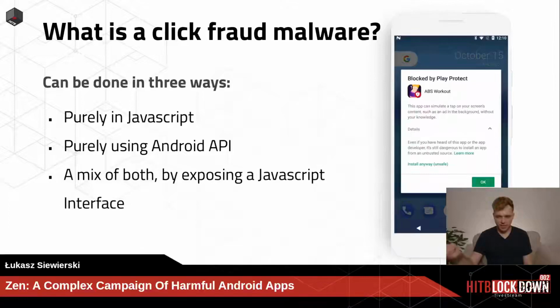So it says this app can simulate a tap on your screen's content, such as an ad in the background, right? So during the install process, when you see that warning, you will get some information about the app, and you can interrupt the installation process and not install the app.